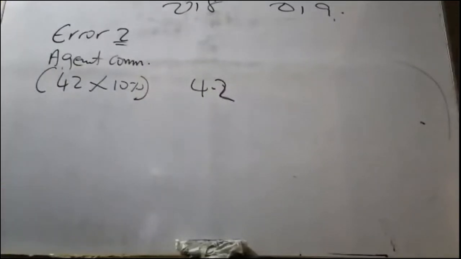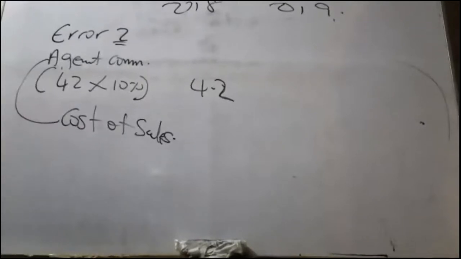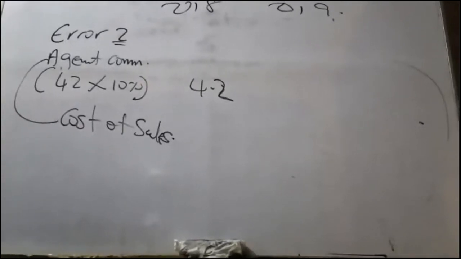How do you account for the agent commission? It's an expense. So in the P&L, where will it be? Agent commission. So you can charge it to cost of sales. Cost of what? Sales. Yeah. So you can charge to cost of sales because it directly relates to the goods sold. So agent commission, charge to cost of sales.